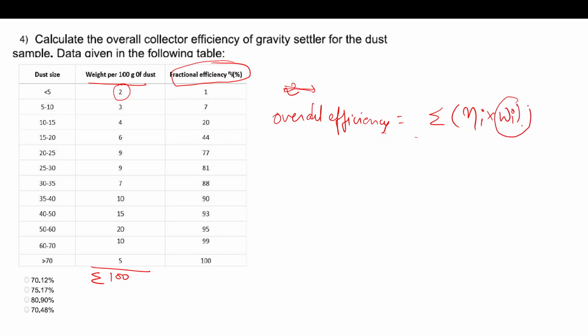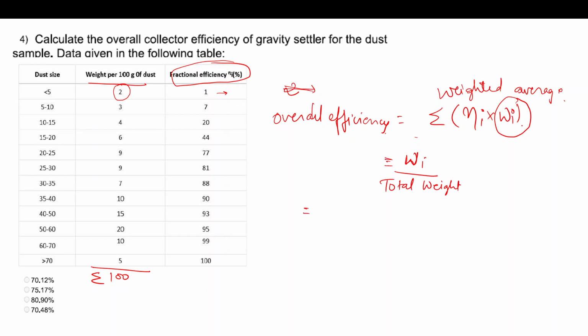Because this will give you what fraction of weight is present in that distribution and the corresponding efficiency. So this is how you take the average. This is nothing but weighted average. Weight fraction you can get by finding weight of any species divided by total weight.